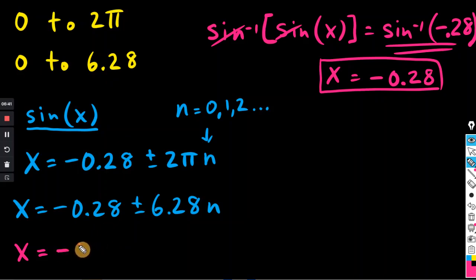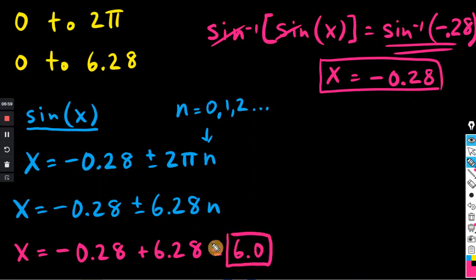But we can do negative 0.28 plus 6.28, okay? And that will give us positive 6, or you can say 6.0. So that value is in the range.